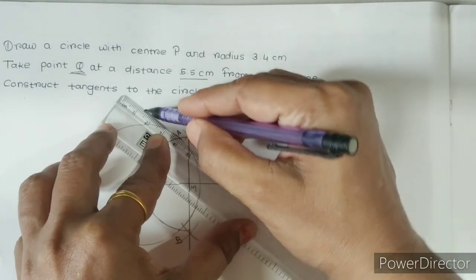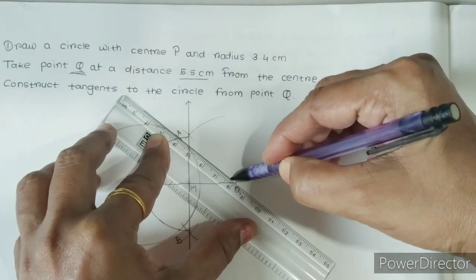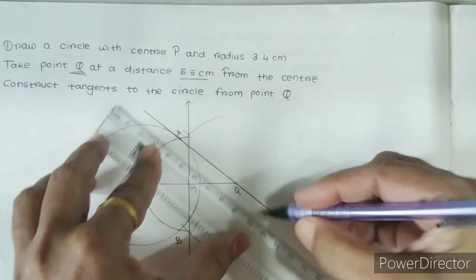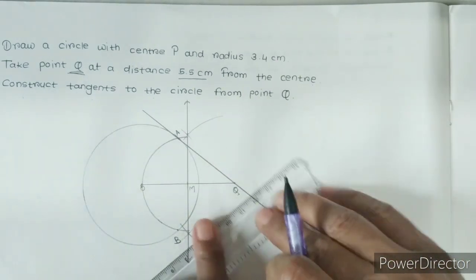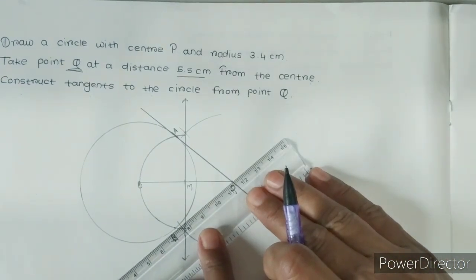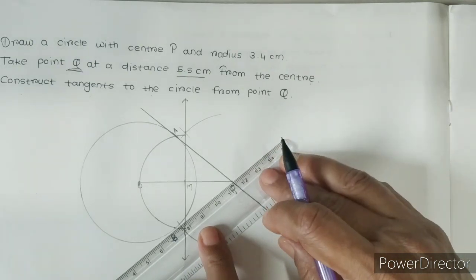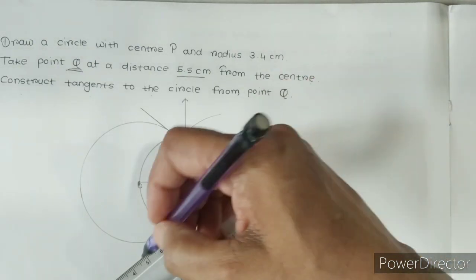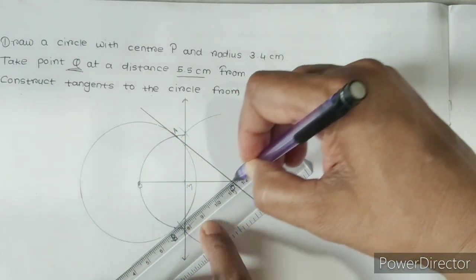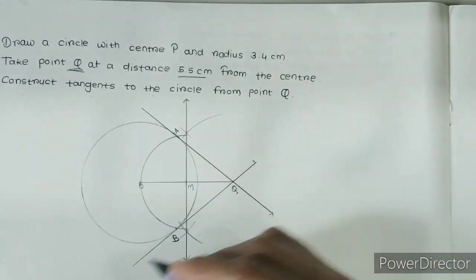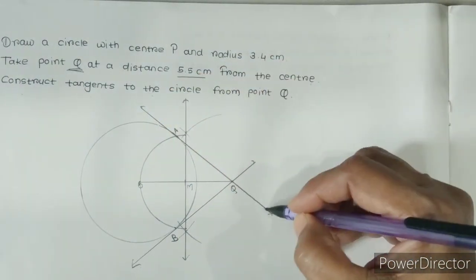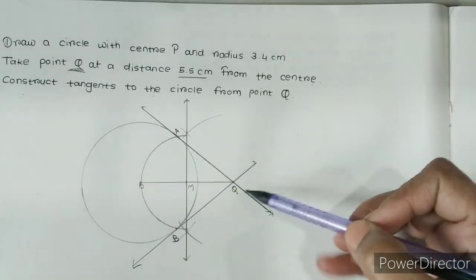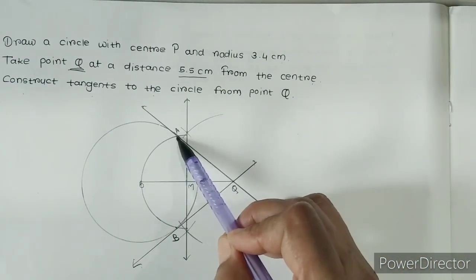Draw line QA and draw line QB. This is line QB. If you observe this line, it intersects the circle at one and only one point, therefore this is a tangent to the circle.